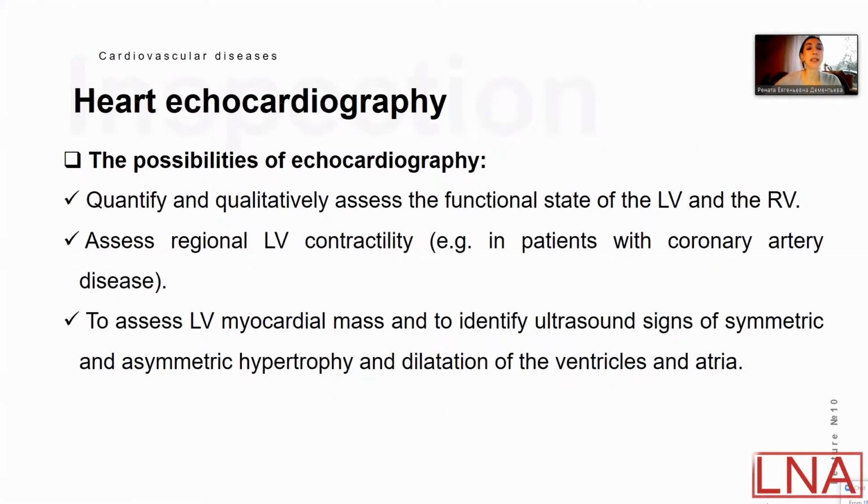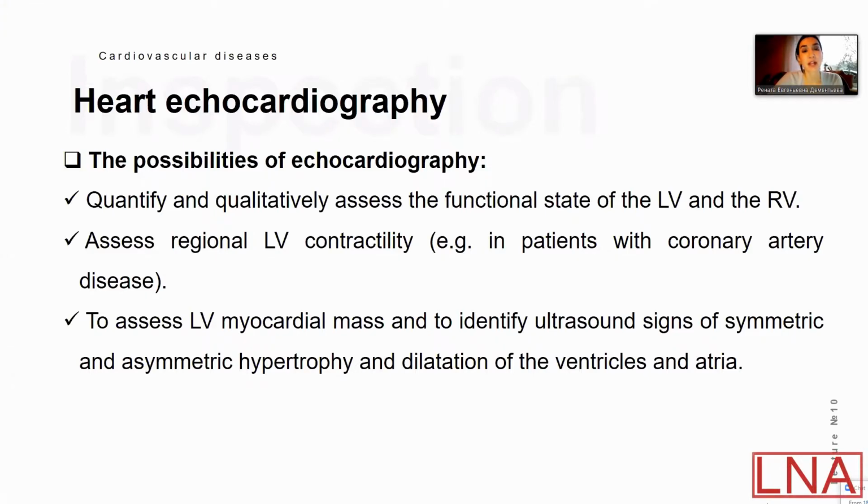About the possibilities of echocardiography. First of all, it allows qualitative and quantitative assessment of the functional state of the left ventricle and the right ventricle: the volume of these chambers, their density and the thickness of the walls. It assesses regional left ventricular contractility, including in patients with coronary artery disease.